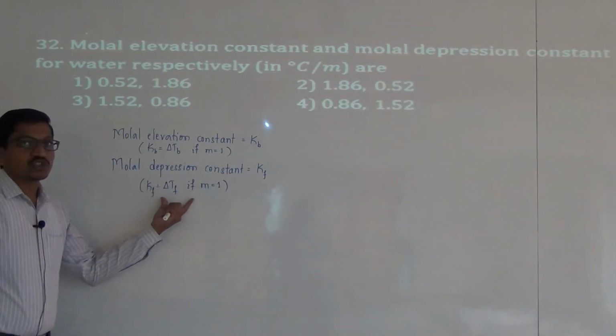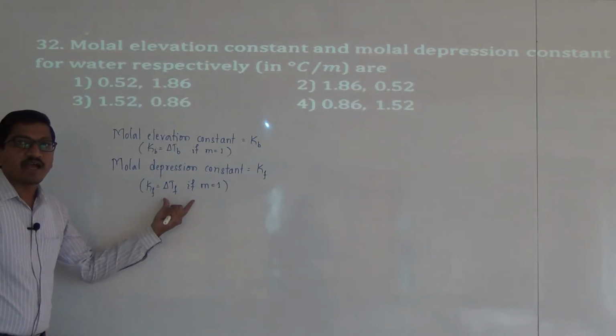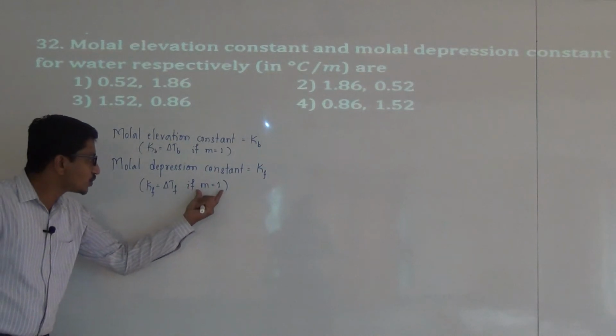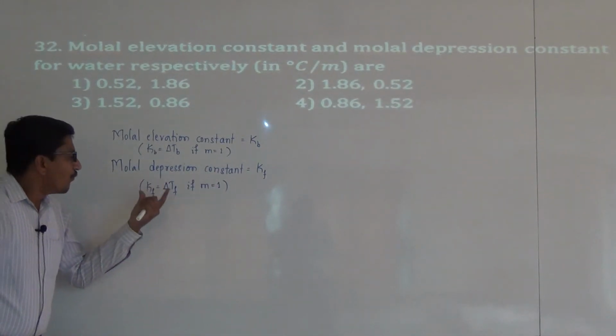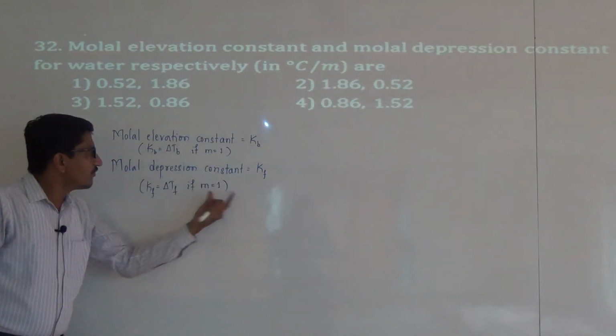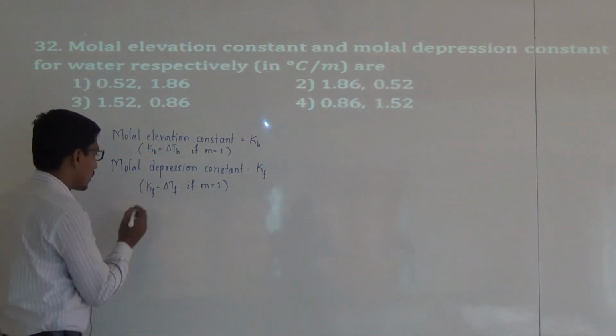The molal depression constant is defined as the depression in freezing point caused by dissolving 1 mole of solute in 1 kg of solvent, and the values of Kb and Kf only depend on the nature of solvent.